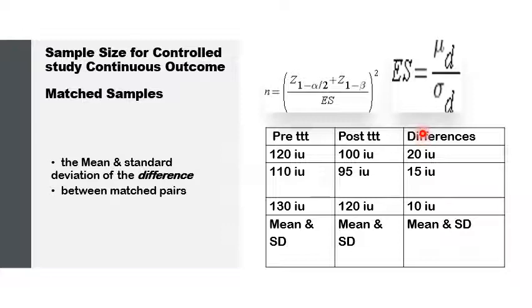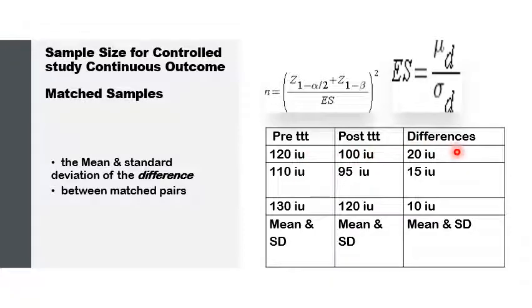And we will base our estimation of the effect size on the differences, the mean of the differences and the standard deviation of the differences. So this would be the mean of the differences rather than the difference of the means, rather than the difference between the two means.